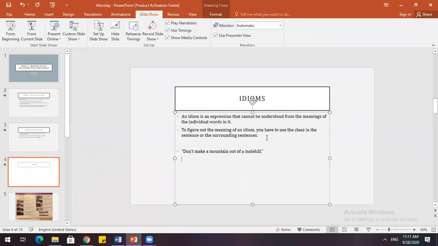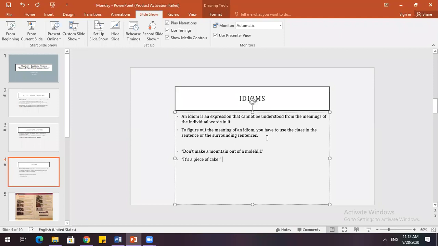Another example is, thank you, Yassine, it's a piece of cake. All right, this means it is very easy. Okay, what does cake have to do with easy? Nothing, right? So it is an expression that cannot be understood if we read it just like this.